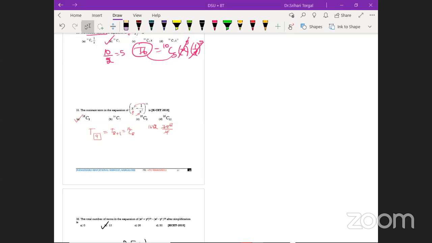For the test you will have complex numbers and quadratic equations, sequence and series, binomial theorem, trigonometry, and straight lines. All these will be in the Karnataka test which is conducted by DSU at the weekend. You can attend that through Google form.